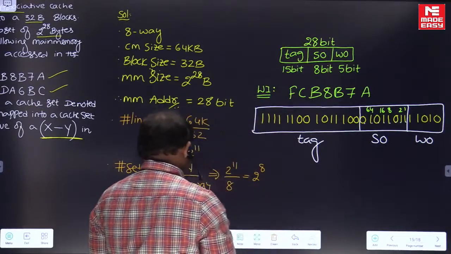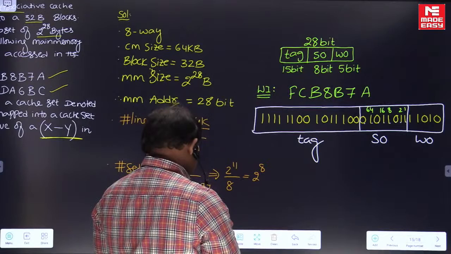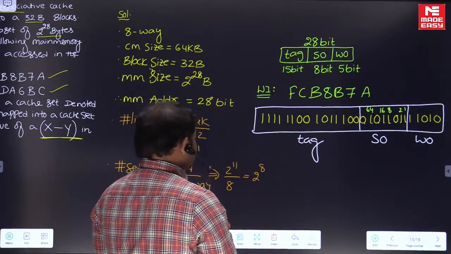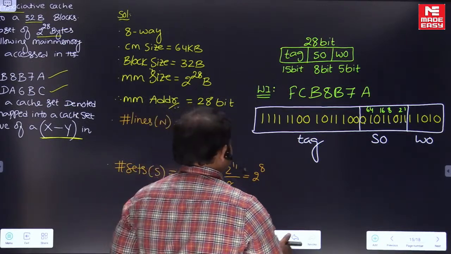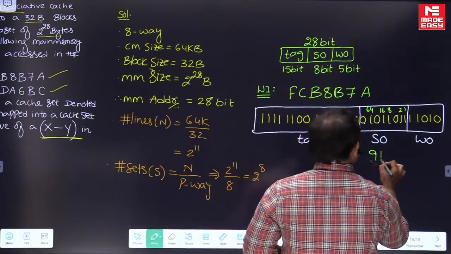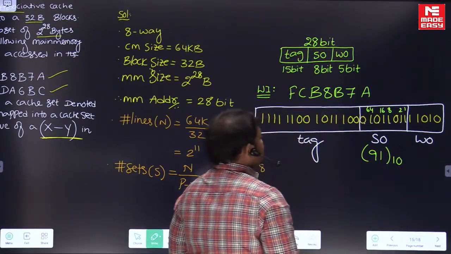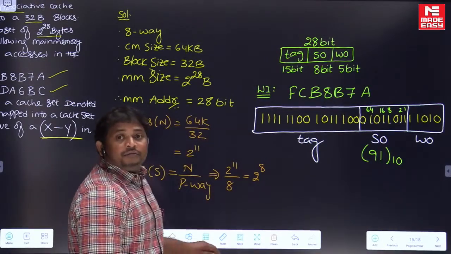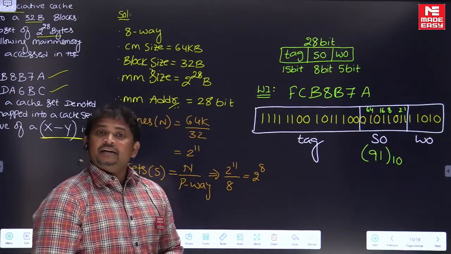Take the positional weights. 64 plus 16 plus 8 plus 2 plus 1, that is 91 in base 10. So first word is mapped into cache memory set 91.